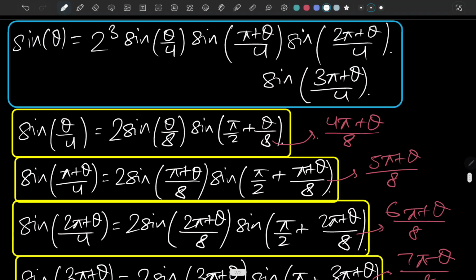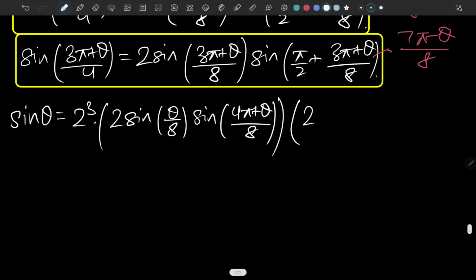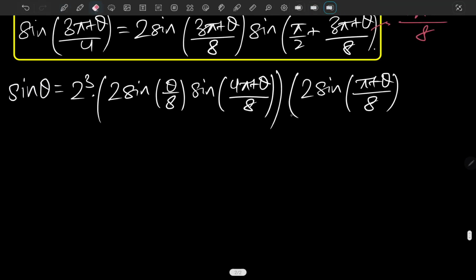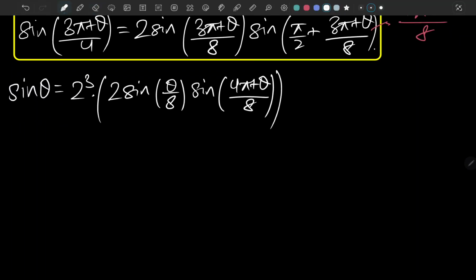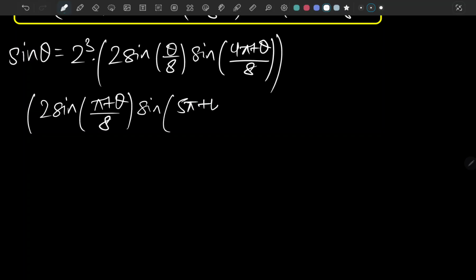Again, the second term: 2 sine of (π + θ)/8, and then sine of (5π + θ)/8.